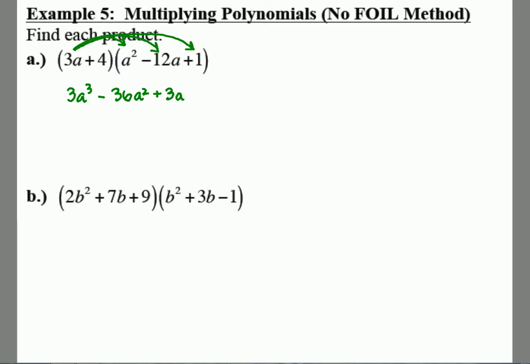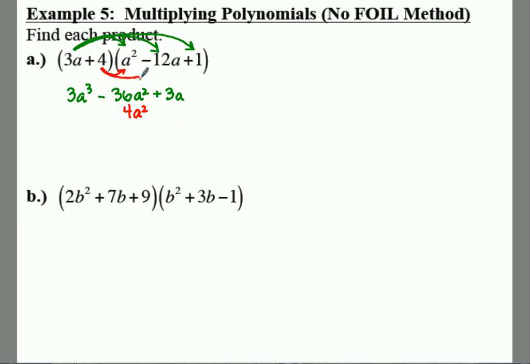Now we're also going to have to multiply your 4 through all three terms over here. Now I'm going to take 4 times an a squared, and you could either write plus 4a squared out here. The way I like to do it though is if I already have another a squared term, I like to write this 4a squared underneath my 36a squared. And I'll show you in a moment why I like to do this.